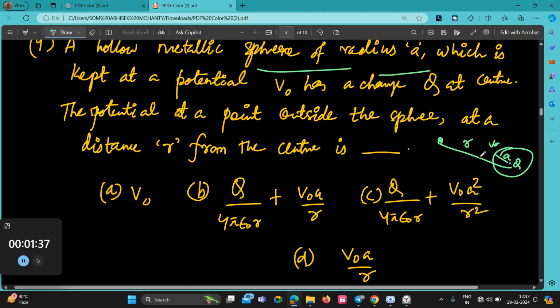The potential at a point outside the sphere at a distance r from the center will be how much? Let's try. It's a very easy question.